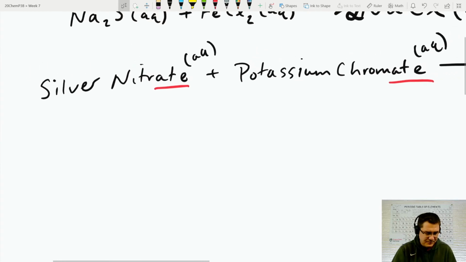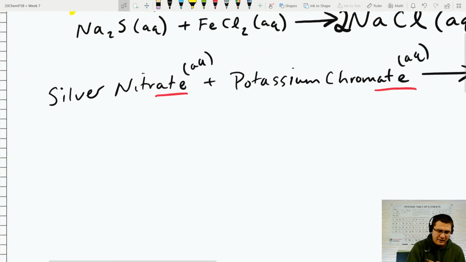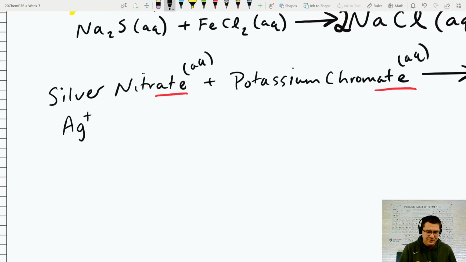So silver nitrate: you can look up on your common ion chart and easily find silver. Silver has 1 oxidation state, so just positive. Nitrate, you have to look on your polyatomic ion sheet. Nitrate is made of 1 nitrogen and 3 oxygen atoms, so I could kind of draw this.